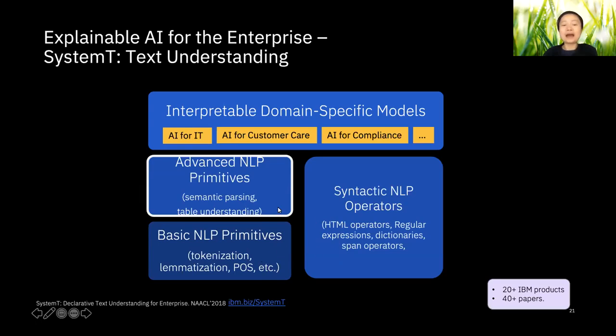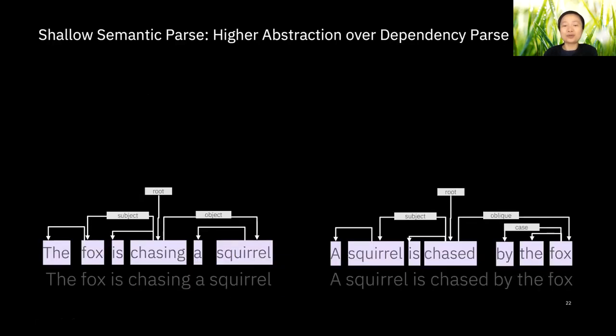But now most of our efforts focus on how to build more advanced NLP primitives using techniques like semantic parsing and table understanding, so that we can better help build more complex use cases. I will explain very briefly two things: one is semantic parsing, another is table understanding.